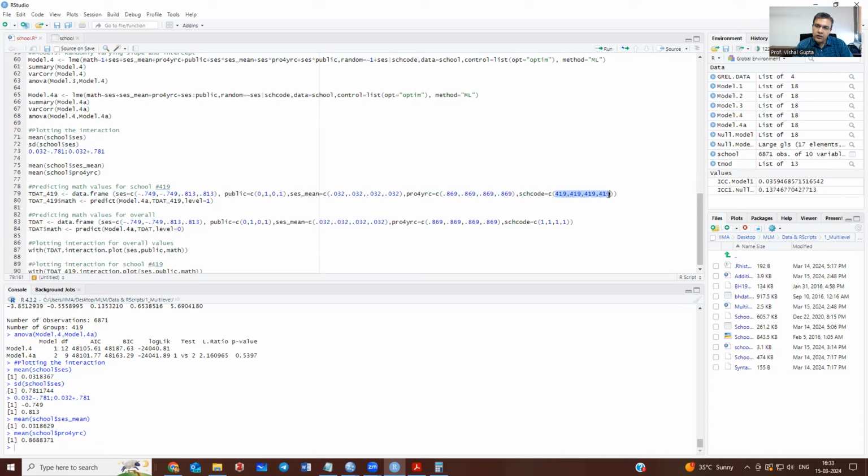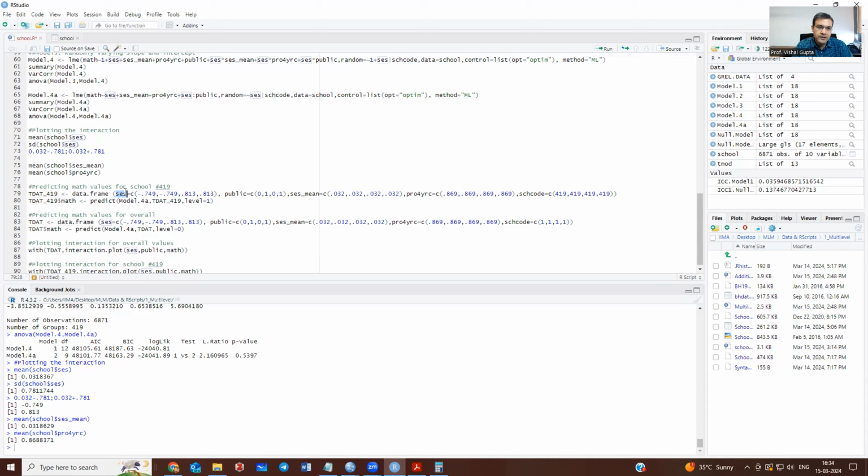You can also plot this graph for specific schools, or you can plot it for overall data. I will show you. You also have to give it a school code. That is what it is saying.